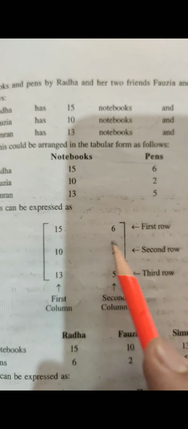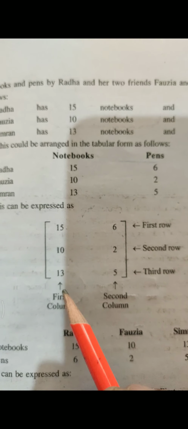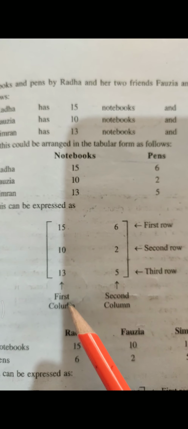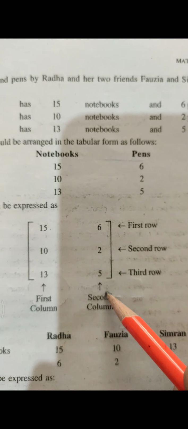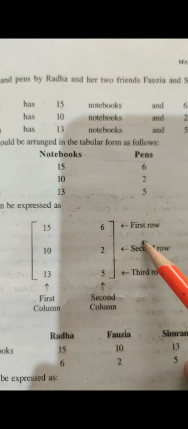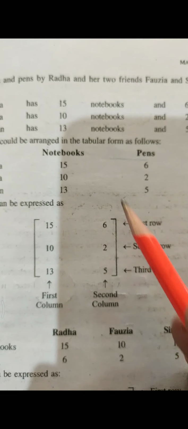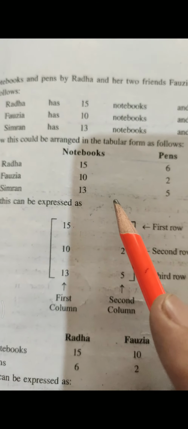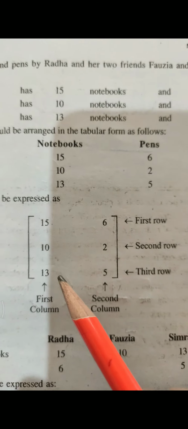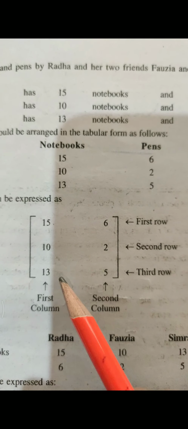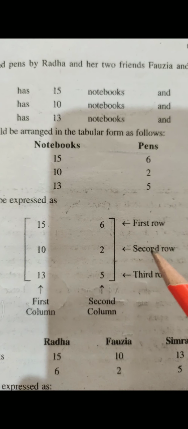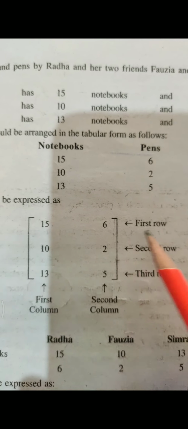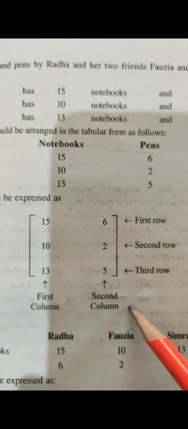This complete column, 15, 10, 13, shows the number of notebooks, and the second column shows the number of pens. This complete arrangement of data in the form of a rectangular array is known as a matrix. As I explained, there are 3 rows and 2 columns.